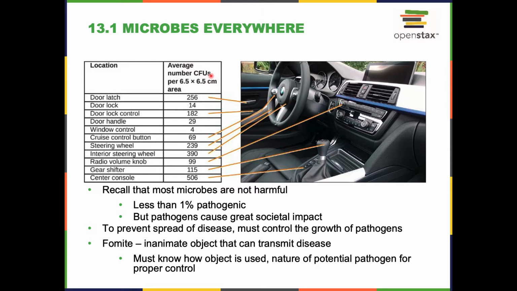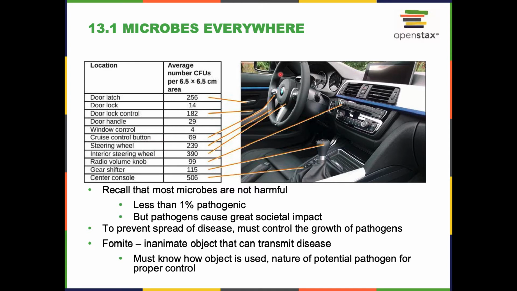What they did here was take a 6.5 centimeter by 6.5 centimeter area, or for those of us who speak American, that's 2 inch by 2 inch. They took a little cotton swab, swabbed this area, placed that onto an agar plate, and then counted the colonies. Colony forming units.